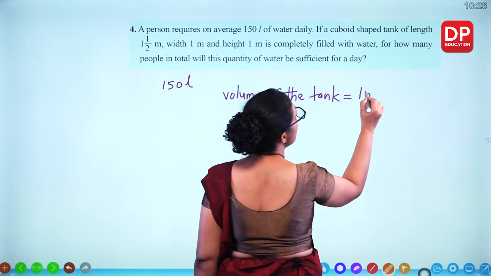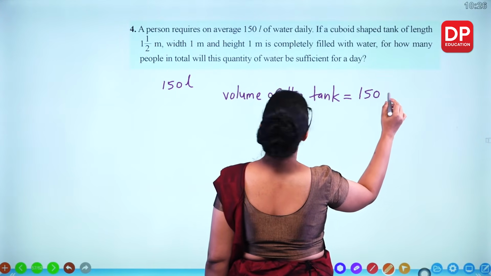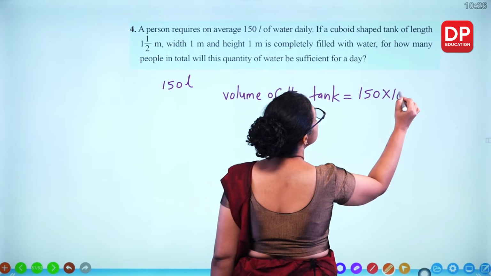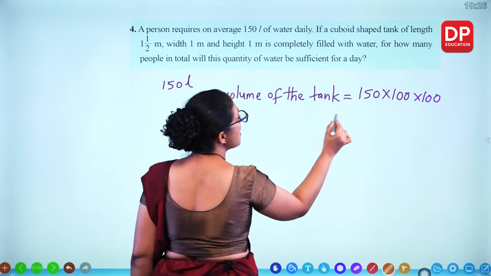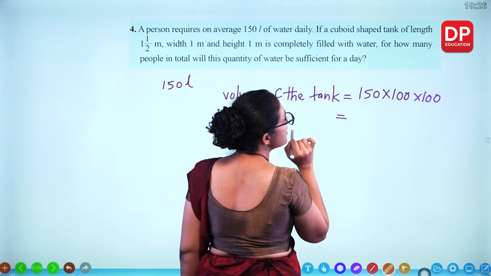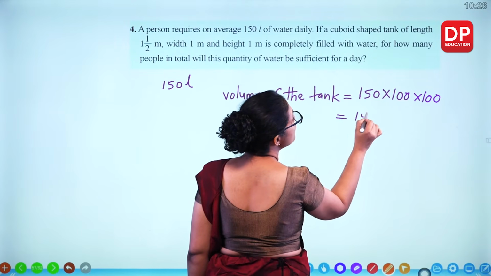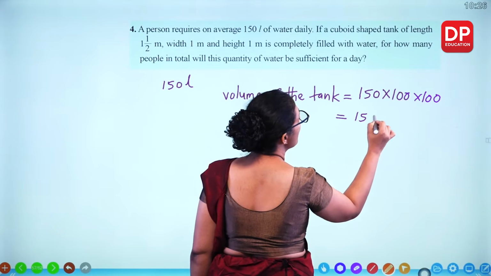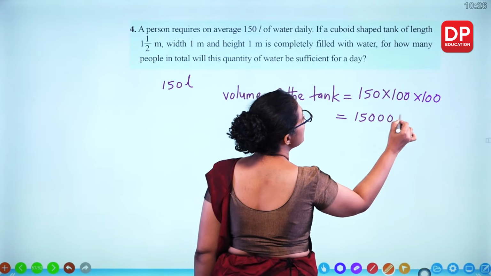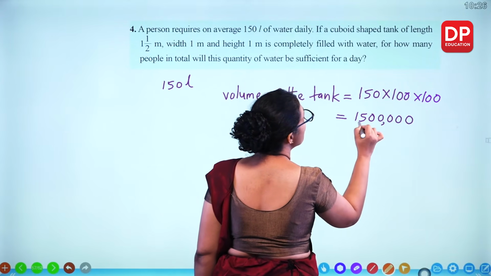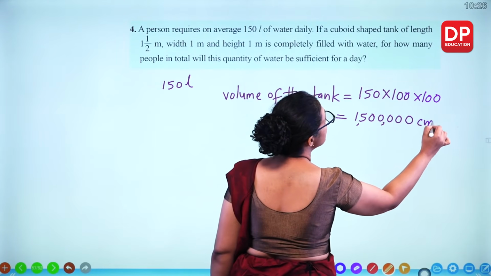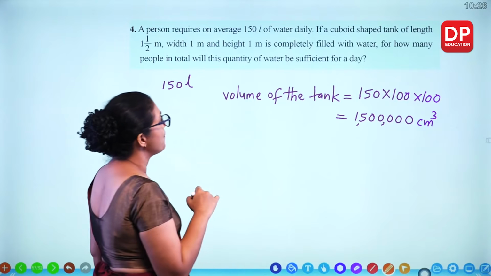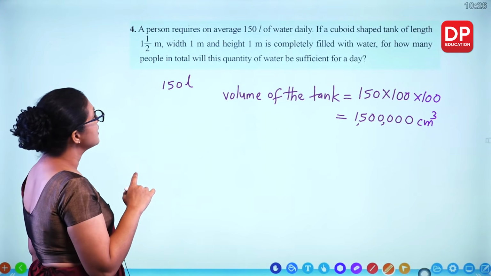Multiply by 100, 150 centimeters. Then 1 meter means 100 centimeters. Height is 1 meter, which means 100 centimeters. So 150 times 100 times 100. That is in cubic centimeters. That's the volume of the tank.